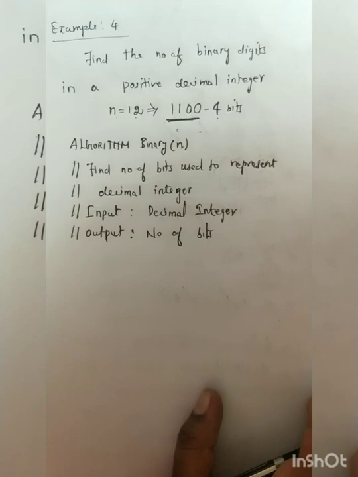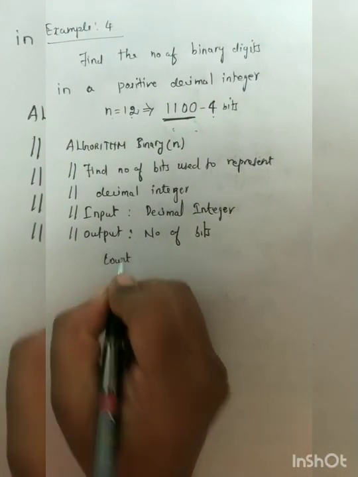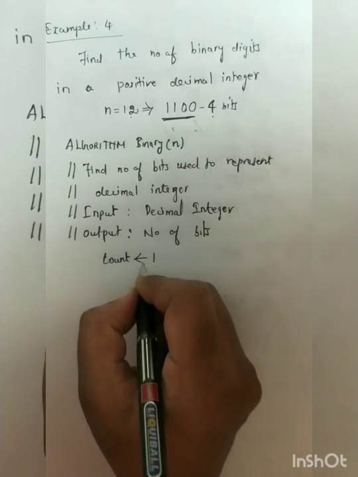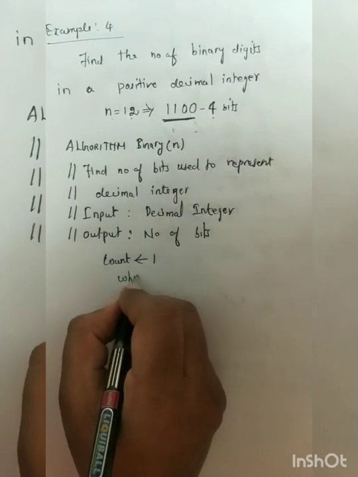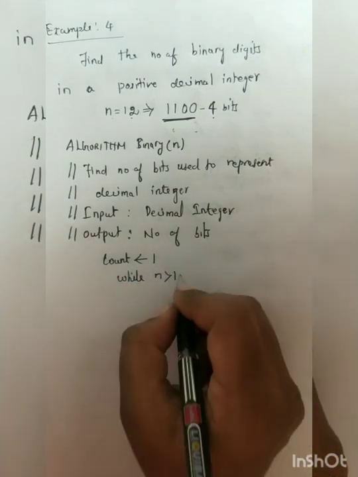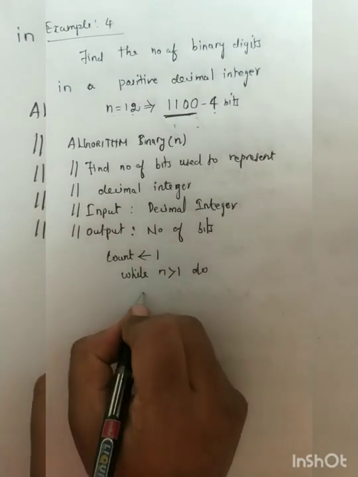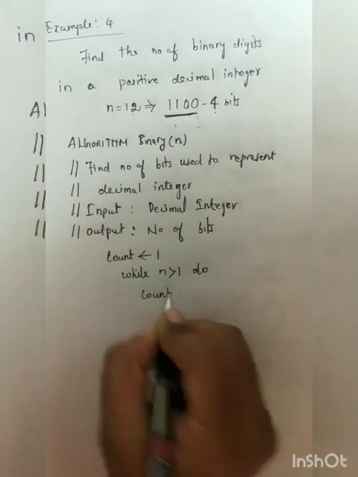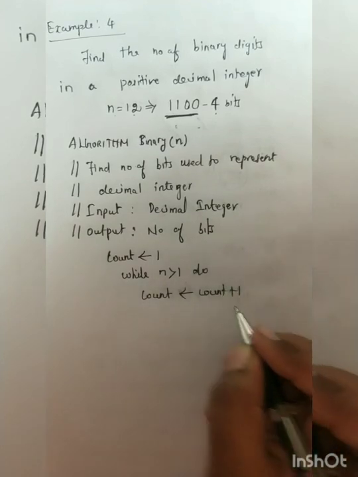So I initialize the variable count equal to 1. It's an iterative process, so I go with while n greater than 1. If n equals 1, no need to calculate, right? While n greater than 1, count equals count plus 1.